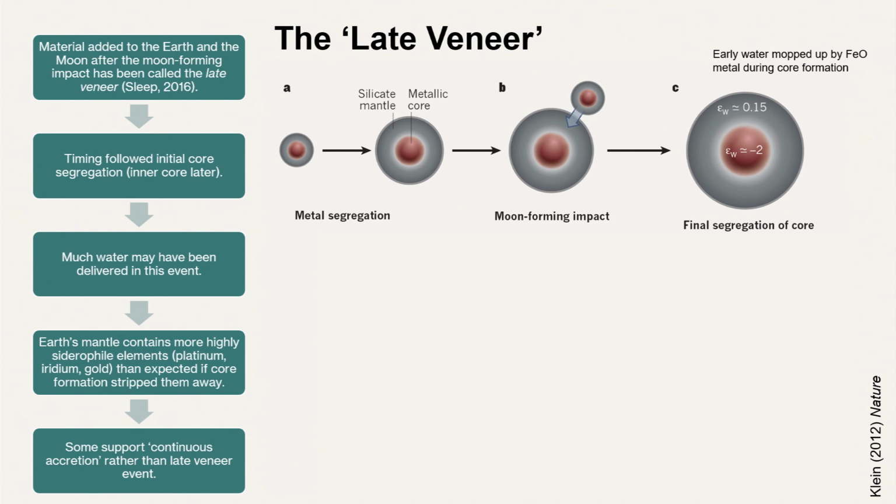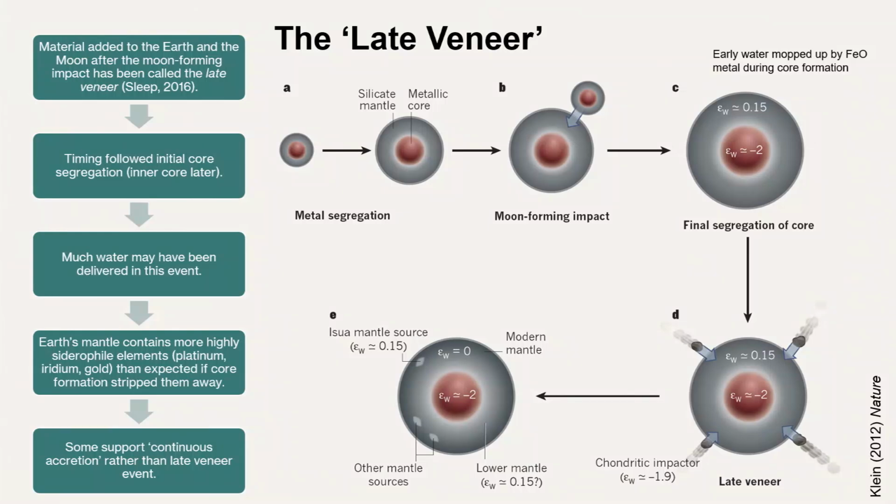However, it's interesting to note that if we look at the composition of the mantle based on rocks that erupted, the mantle contains more of these siderophile elements, as they're called, which basically like to go into the core. These include gold, iridium, and platinum group elements.